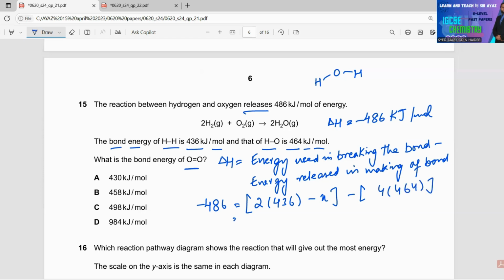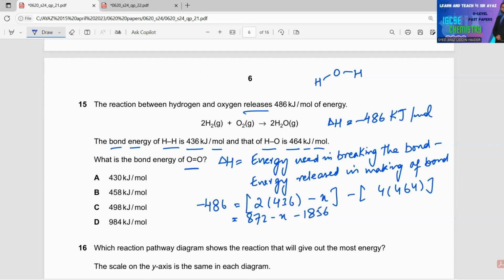So what will you get? 2 multiplied by 436, that is 872. 872 plus X minus 4 multiplied by 464, that is 1856.